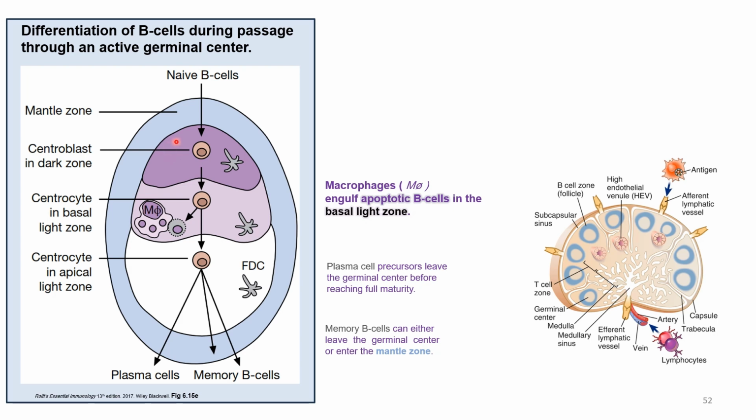There are some additional cells involved with the development of B cells, called follicular dendritic cells, FDC. Follicular dendritic cells are actually not true dendritic cells in the sense that they are not derived from the bone marrow. It's quite different from a dendritic cell.